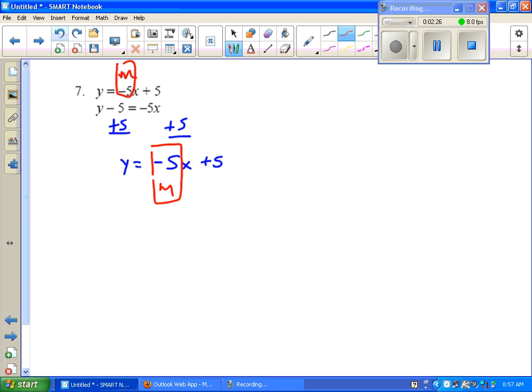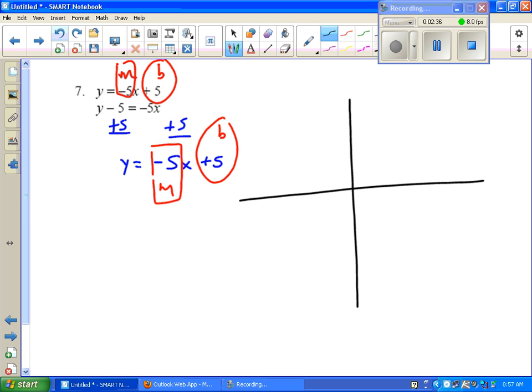They're never going to cross each other. But then look at the b value. Look at your y-intercept value. It is also the same for both of them. And since it's also the same, when you graph that equation, which will look something like this, or maybe more steep like this, the other equation will graph directly on top of it.